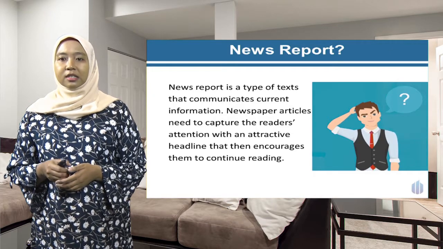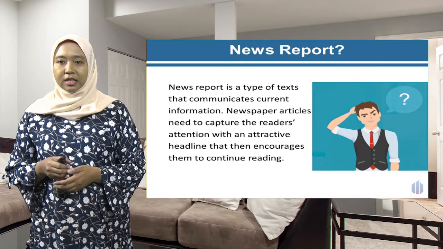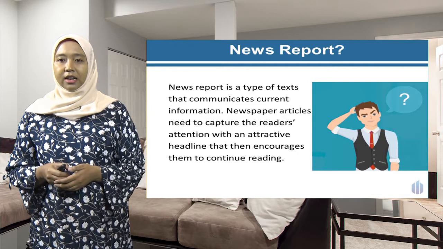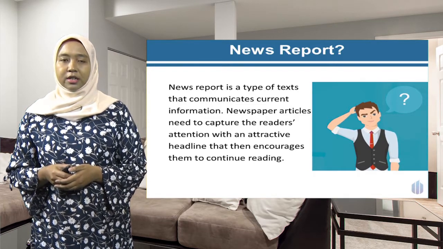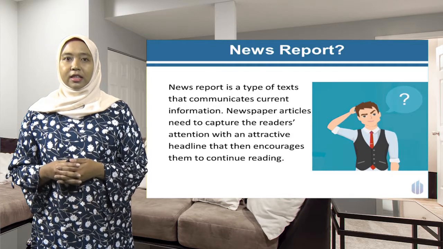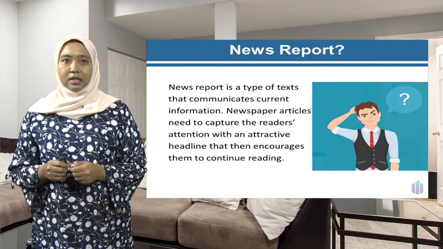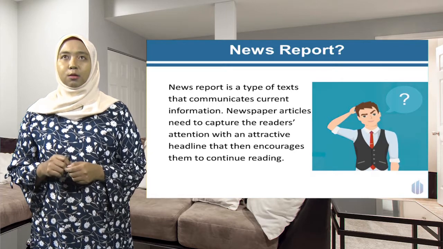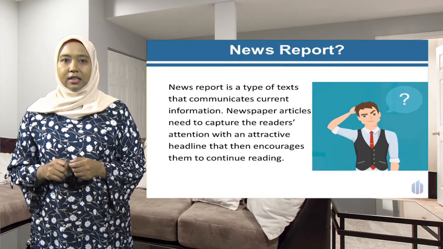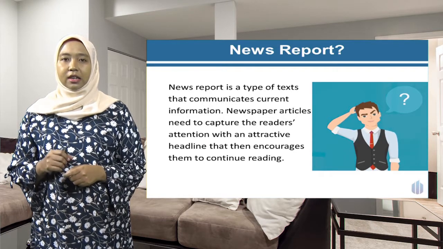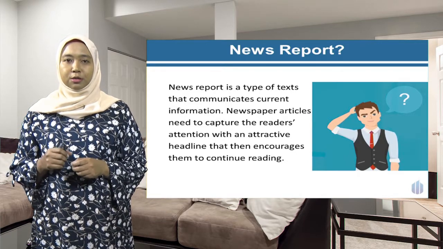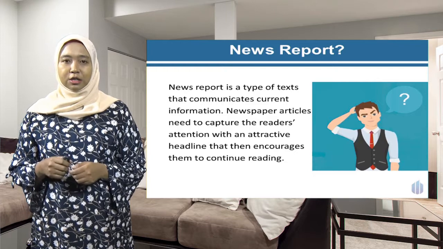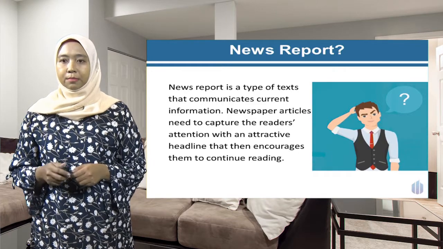Newspaper articles need to capture the reader's attention with an attractive headline that then encourages them to continue reading. As we know, in a newspaper article there must be a headline, or we can say it is the title of the article, and that headline should be attractive to attract the readers to continue reading the article.